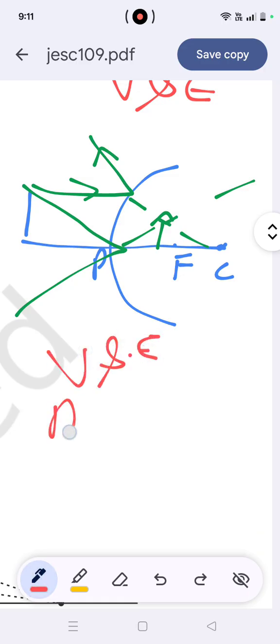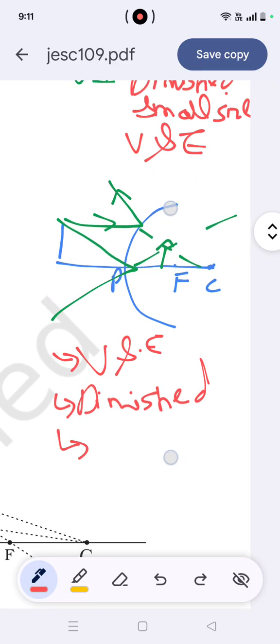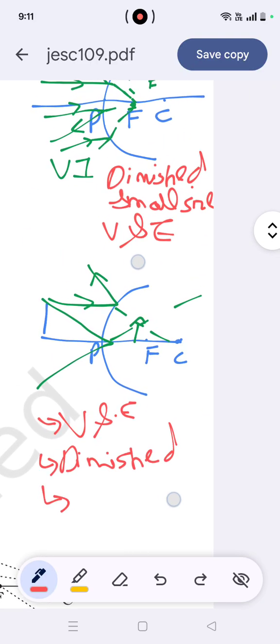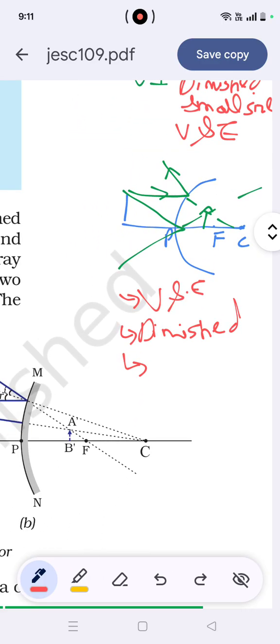Size diminished. At the focus the size is highly diminished, and this is still better. And the third golden point, remember, it was diminished, smaller in size. Done.